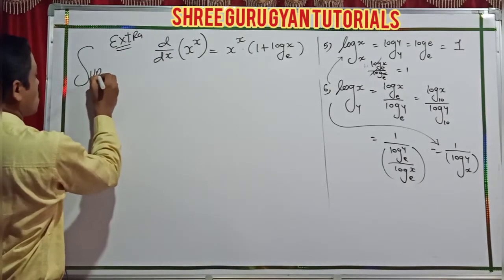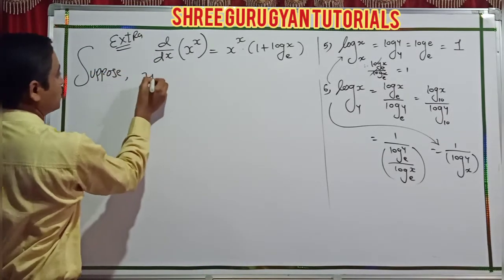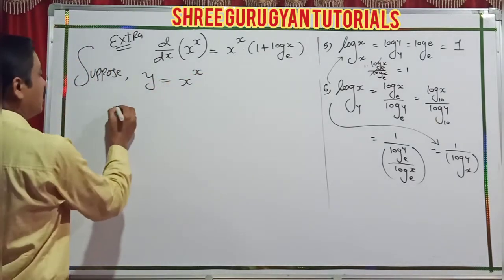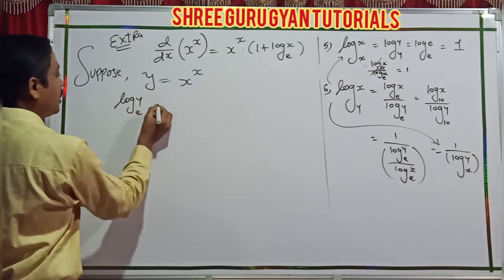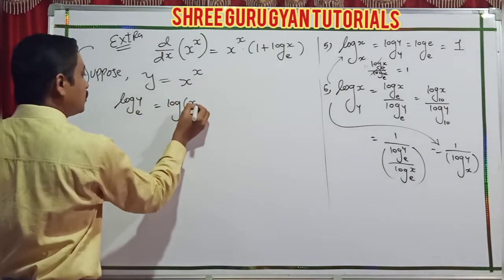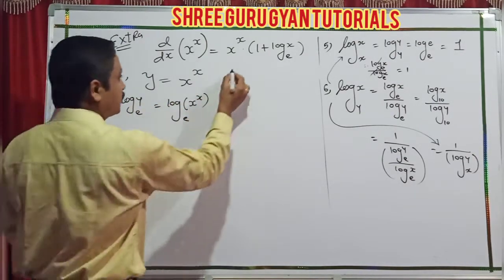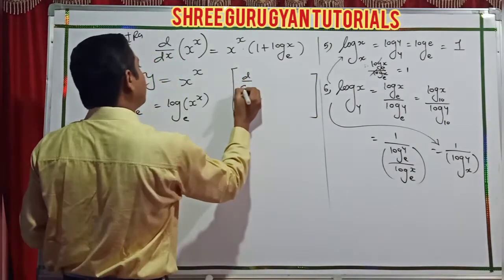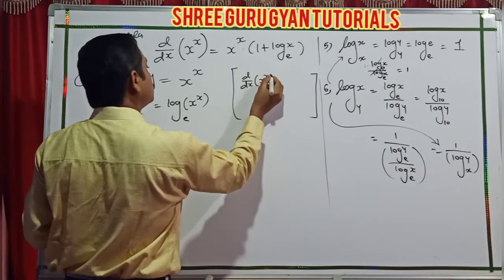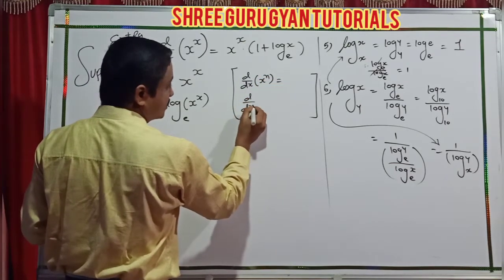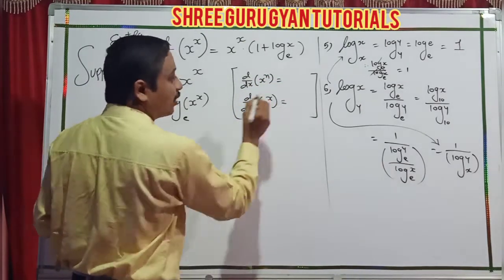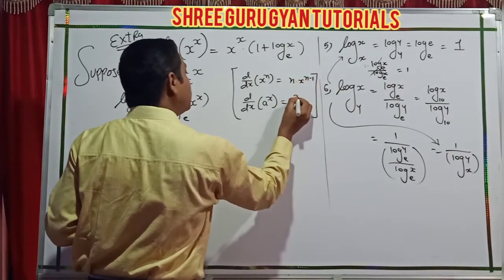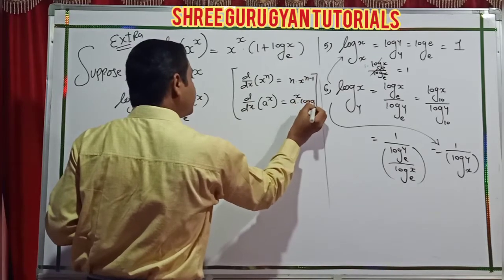So this is the derivation I am going to do. Suppose the given question is y equals x raised to x, taking log on both sides with base e. Generally students, you know, I go back to the formulas d/dx of x raised to n and d/dx of a raised to x. Both formulas are known. It is n x raised to n minus 1, and a raised to x log a base e.